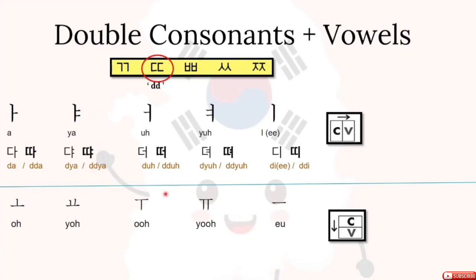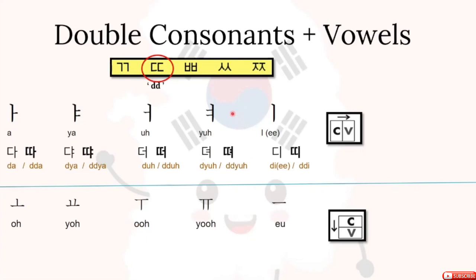Next one. D and eo becomes deo. Double consonant, D and eo becomes deo. Okay. Next one. D and yeo becomes dyeo.